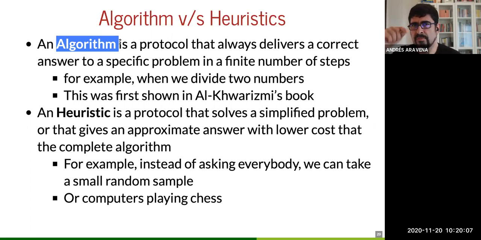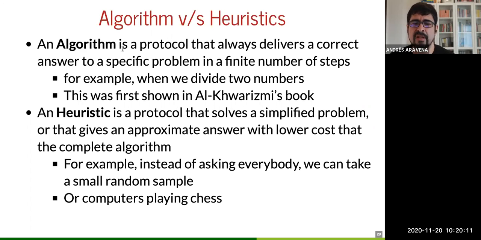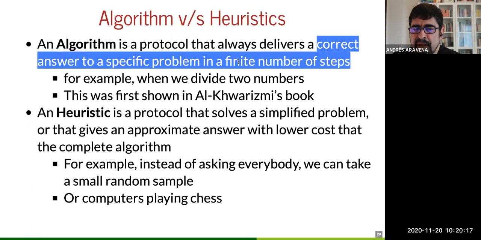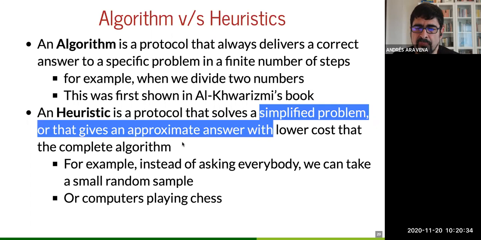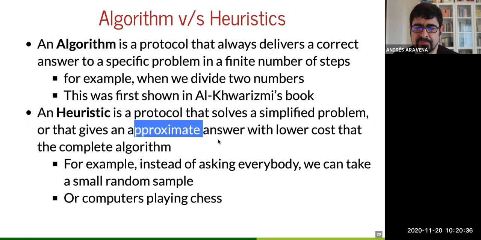When you do multiplications and divisions and things like that, that is the first idea of an algorithm. Technically, an algorithm delivers a correct answer in a finite number of steps. It will finish eventually. Now, that finite number of steps can be too big, like centuries. So a heuristic is a protocol that solves a simplified problem, not the original problem, or gives an approximate answer.